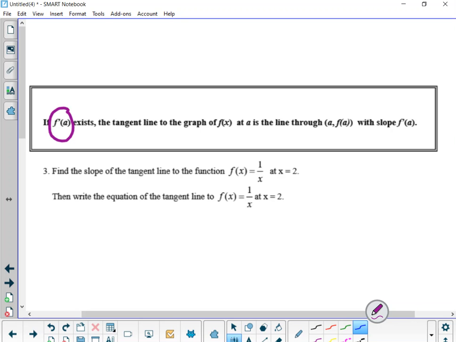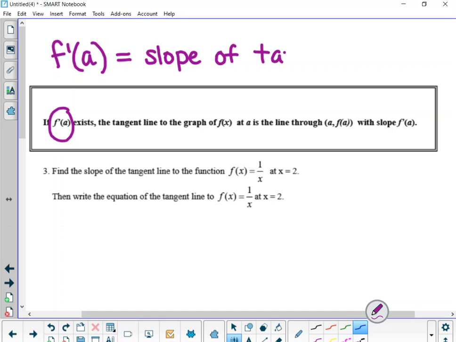If I can calculate f prime of a, that is the slope of the tangent line to f of x at x equals a. It's the derivative of f at a. It's the value of the derivative of f at a. It's the instantaneous rate of change of f at a. It's the slope of the tangent line to f of x at x equals a.